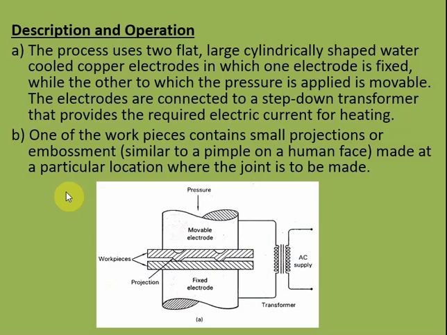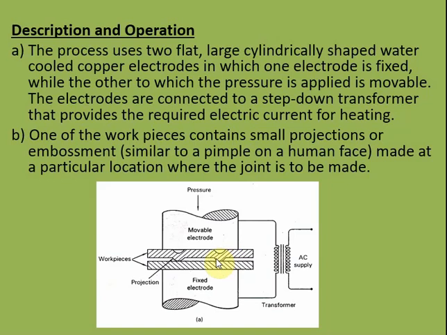Next, related to the workpiece. For this kind of welding, the workpiece needs to be prepared in a certain manner. In normal welding, for both the workpieces, the interface, the joining surface, usually will be parallel and flat. But in projection welding, one workpiece will be flat, but the other workpiece will be provided with some projection or embossment, like a pimple, one pimple here, next pimple here.